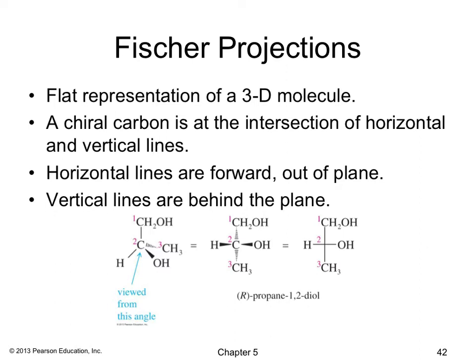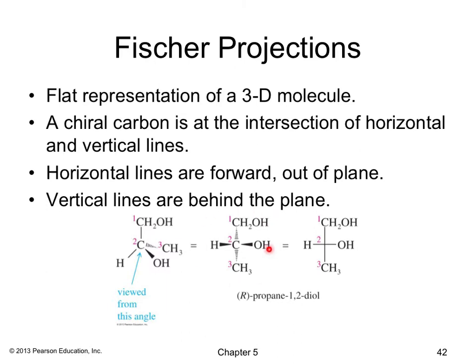If you view it from this angle, you're going to see that your H and the OH are to the left and to the right, your CH2OH is on top, and CH3 is on the bottom. So when you draw it out, you show the hash going to the back and these coming out to the front. This is just looking at it in this view.